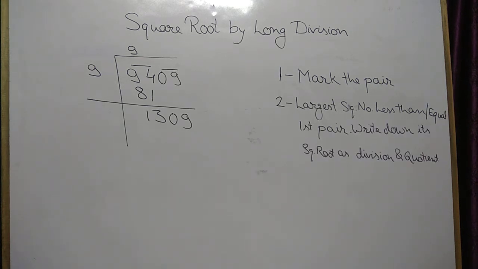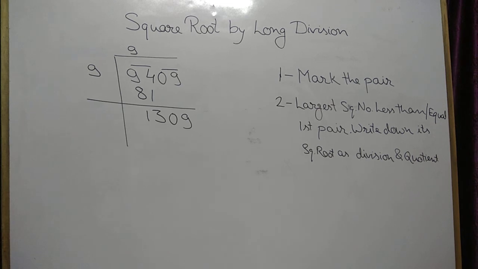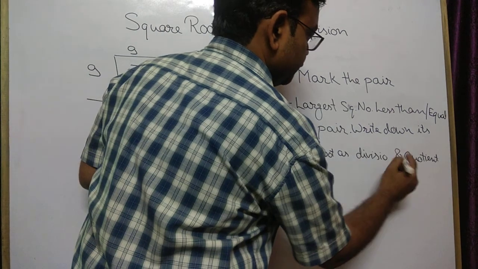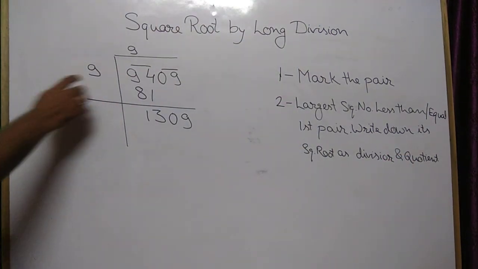We write its square root as divisor or quotient. So we have written it over there.